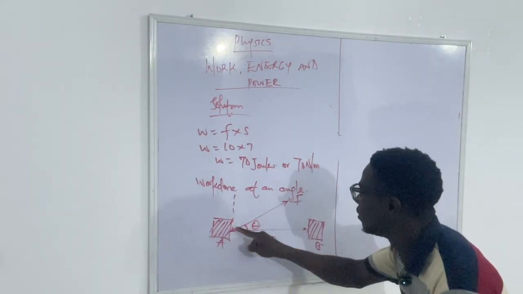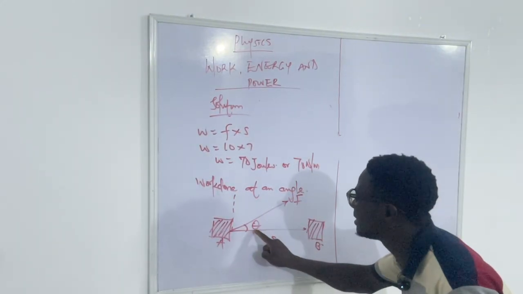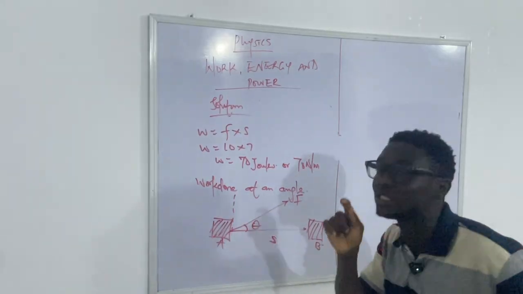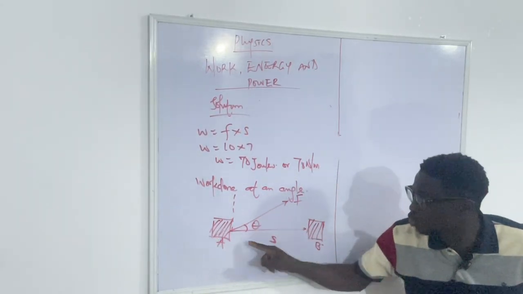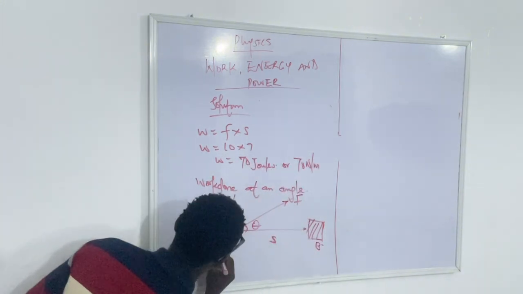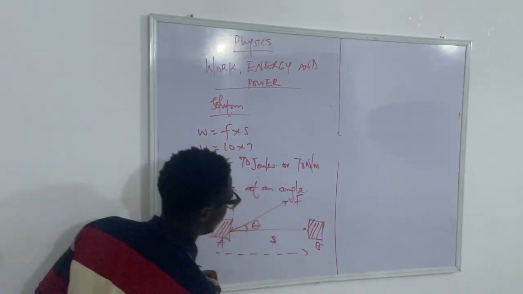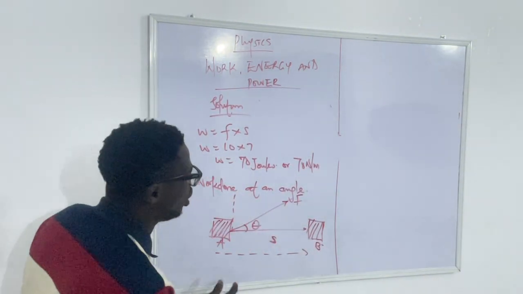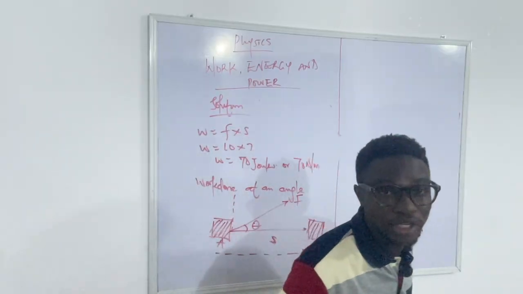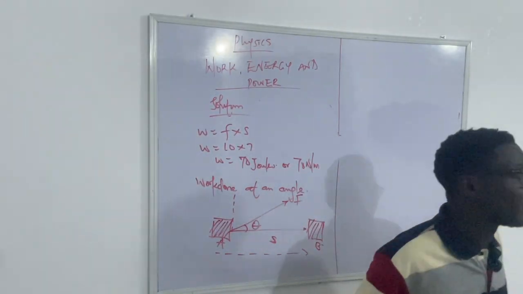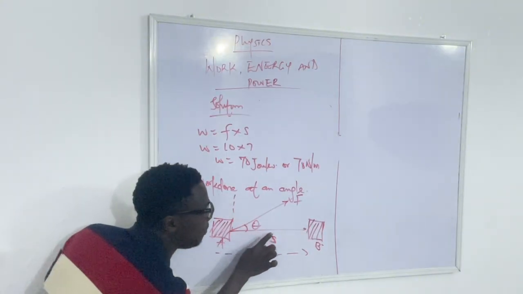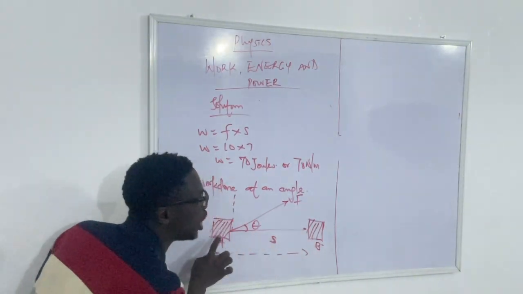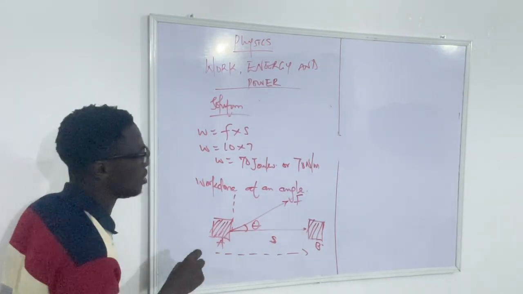At that angle, this is the force and this is the angle at which you are pulling it. Mind you, as you are pulling, the object is moving horizontally. Are we together? So that is the horizontal component of this force.